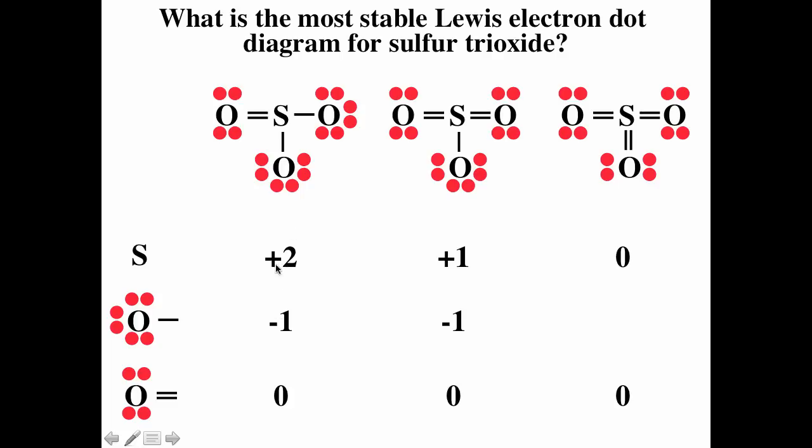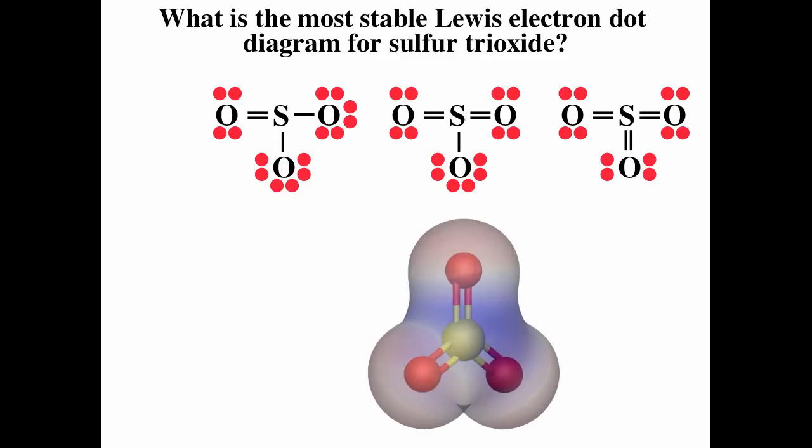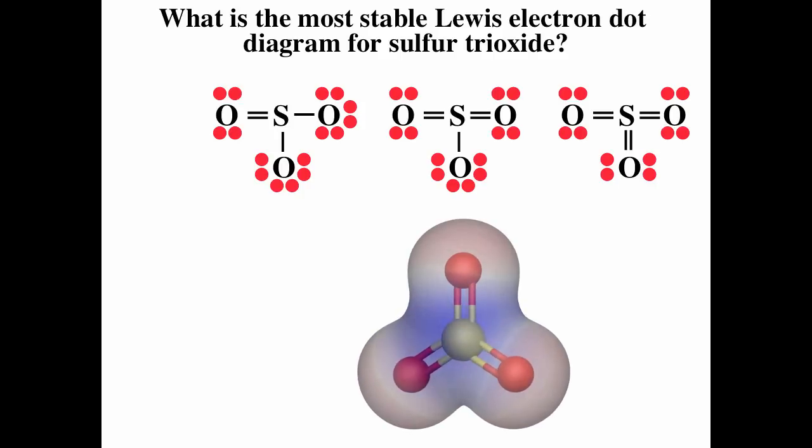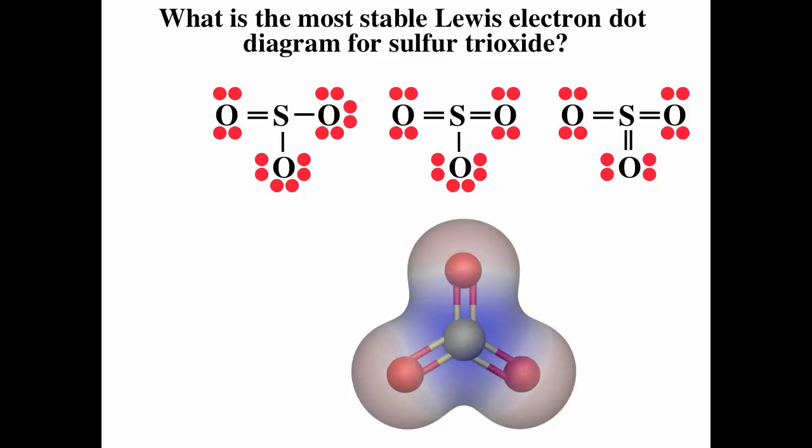And so this is farthest from 0, so the one on the left should probably be the least stable resonance structure. And the one on the right is the most stable because we have zeros. And again, elements in the 3rd row and lower can have more than an octet. And so that tells us the one on the right is the most stable structure. And so sulfur trioxide looks something like this. Again, the sulfur and oxygen bonds should be identical.